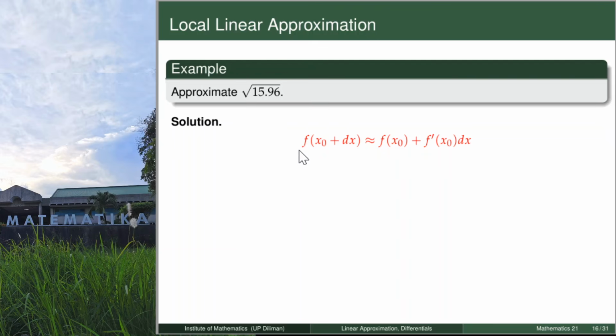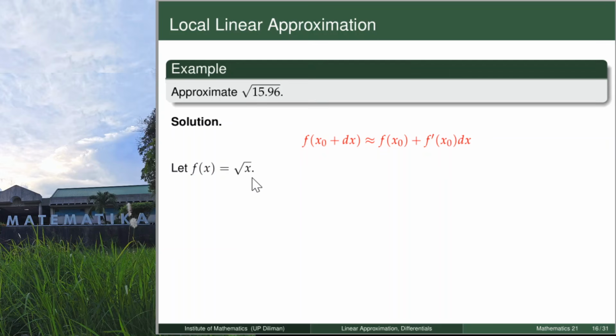We need to choose your f, we need x0 and dx. So these are the things that you have to choose by yourself, okay? Because it's not given. So your function f is a bit obvious because a while ago we had cube root of x, right? But now instead of cube root, you have square root. So maybe it's a good idea to write f of x as square root of x.